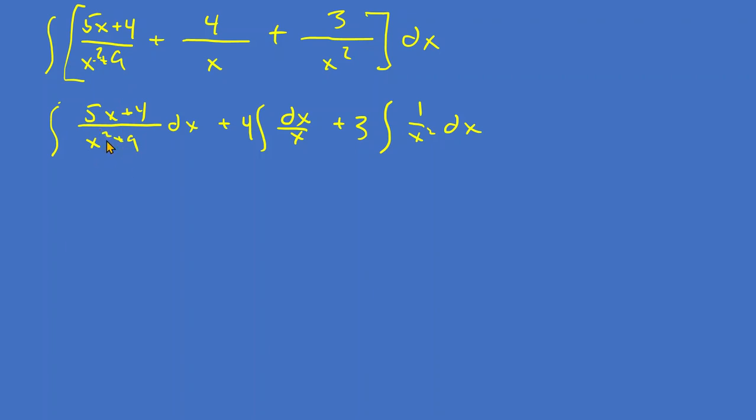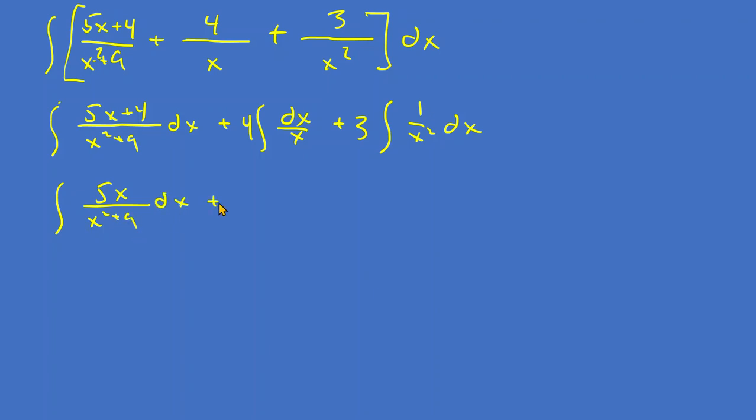If we let u be equal to the denominator, then du would be 2x, and we have something like x plus 4. So what we can do is break this into 2 separate integrals. We can take the 5x and divide it by x squared plus 9 dx.